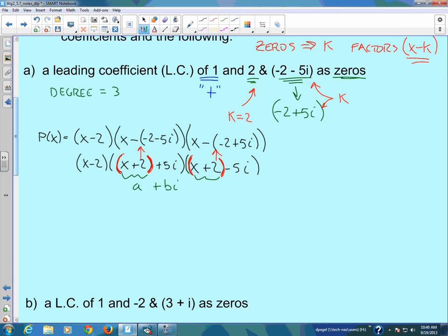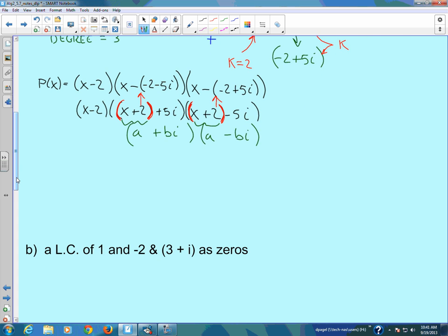And then over here, we have the a part minus the bi part. So really what I've got happening here is an a plus bi times an a minus bi. And we know that when we multiply conjugates together, we get rid of the i's. So that binomial becomes the real part. And this is the tricky part of this. So we're going to leave the x minus 2 alone for right now. We're going to work on this a plus bi, a minus bi form.